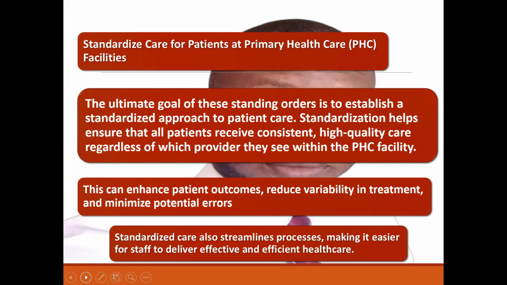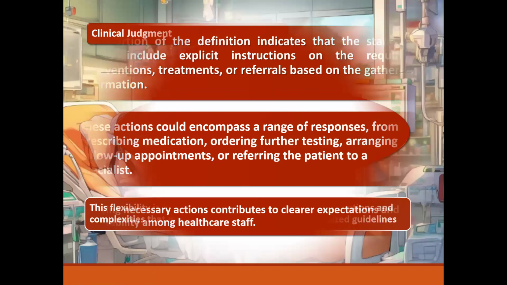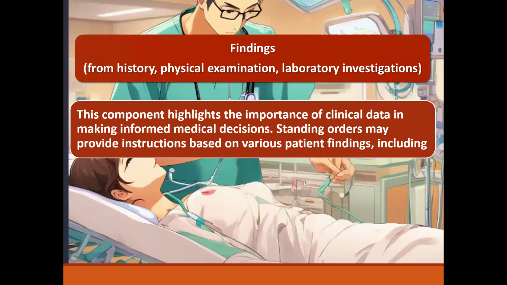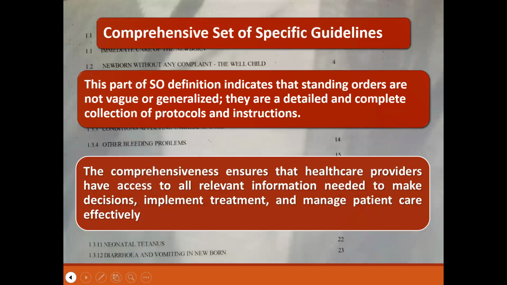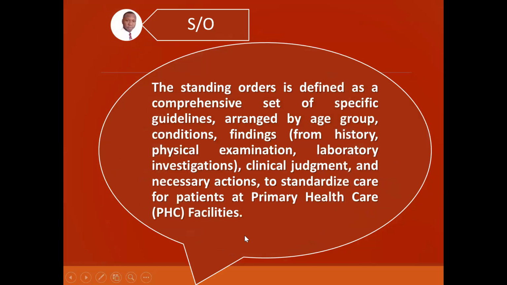This enhances patient outcome, reduces variability in treatment and minimizes potential errors. Also, standardized care streamlines process, making it easier for the staff to deliver effective and efficient health care. So these are the components of the standing order according to the definition given by the Community Health Practitioners Regulation Board of Nigeria.